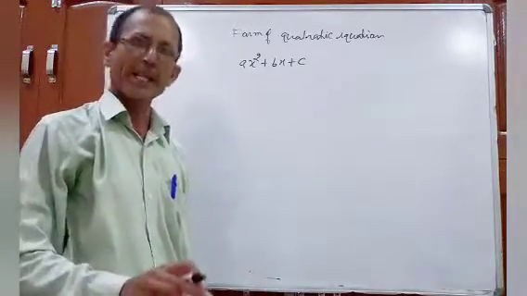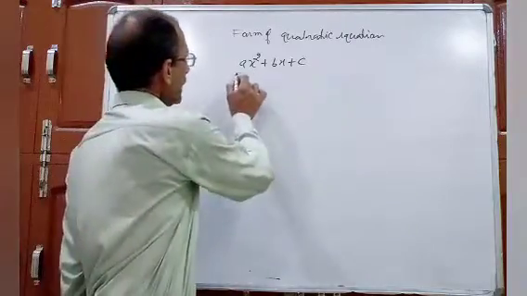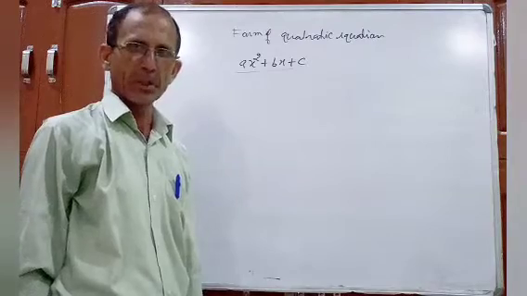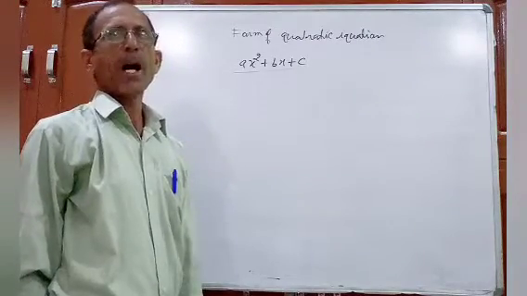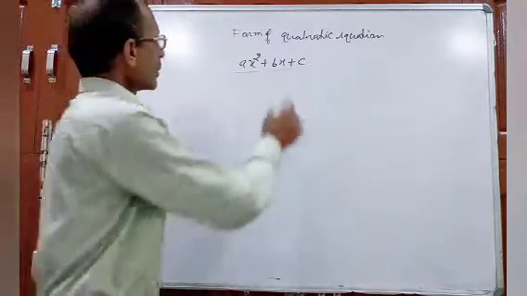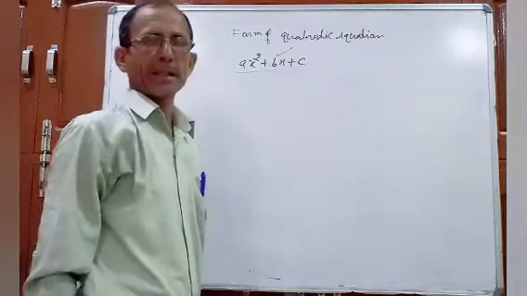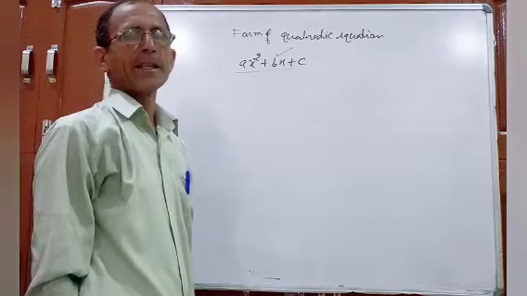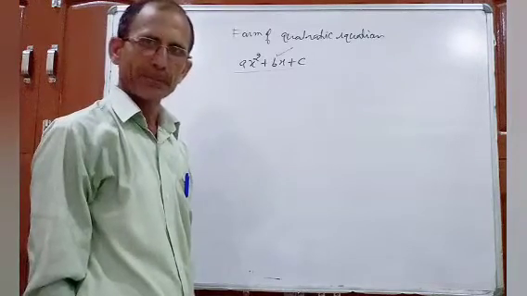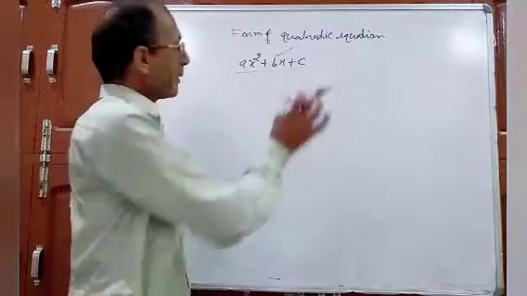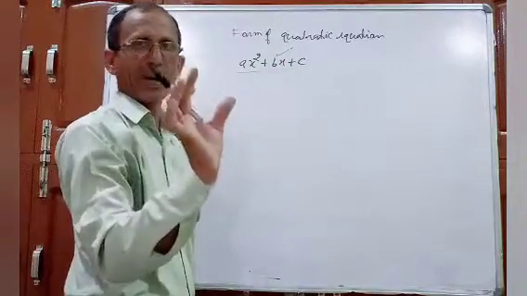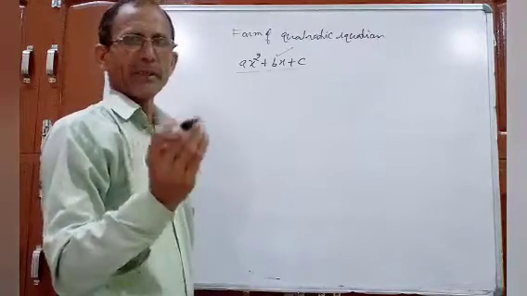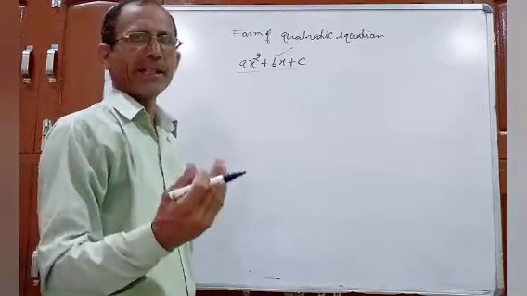If any algebraic expression is of degree 2, how do we make the factors? Problems like these will be solved by splitting the middle term. We will break the middle term in two parts, then we will make the factors. So it is a little bit new for you, try to understand.